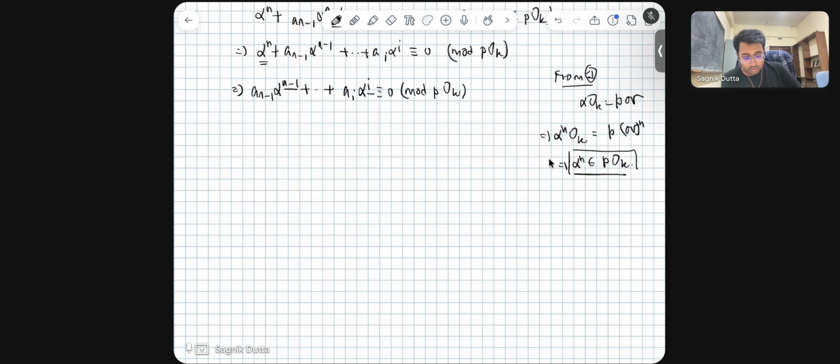So that means if we multiply this equation with some suitable power of alpha, such that all the terms a n minus 1, then a n minus 2, up to a i plus 1 get higher powers. So let's write this equation like this.